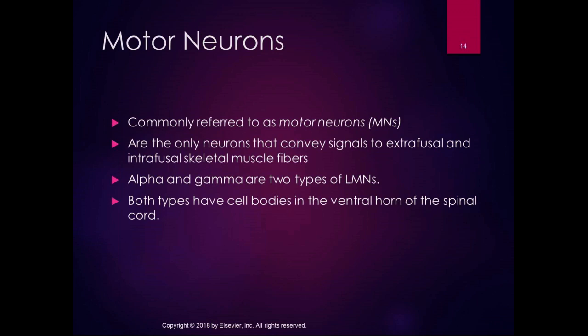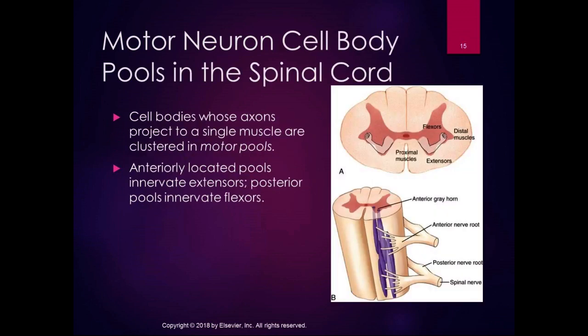The cell bodies whose axons project to a single muscle are clustered in what we call motor pools, which sounds like cars, but there you go. The anteriorly located pools innervate extensors, and the posterior located pools innervate flexors. When we say anterior and posterior, we mean anterior and posterior in the spinal cord.